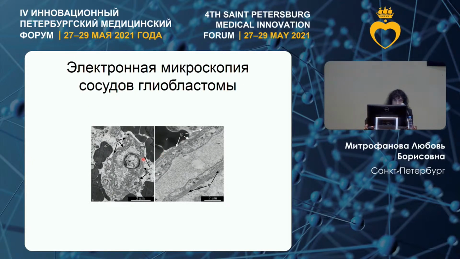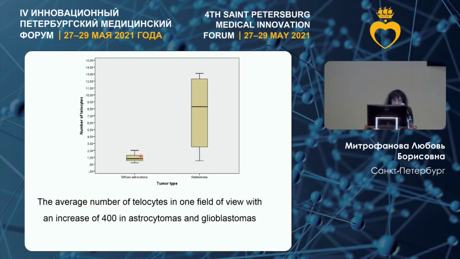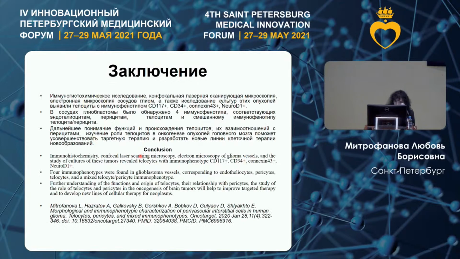Electron microscopy demonstrated the presence of pericytes and telocytes, both of them. So you saw the telocyte when I pointed. And it turned out that in glioblastoma, the quantity of telocytes increases by dozens of times compared to normal tissues or the brain in general.